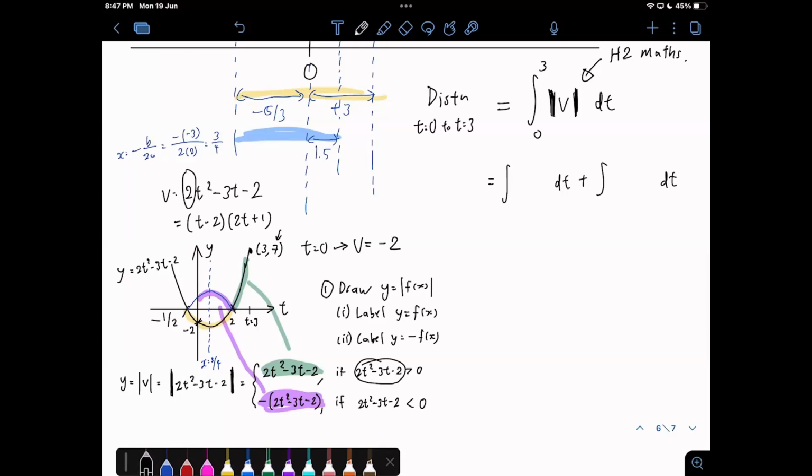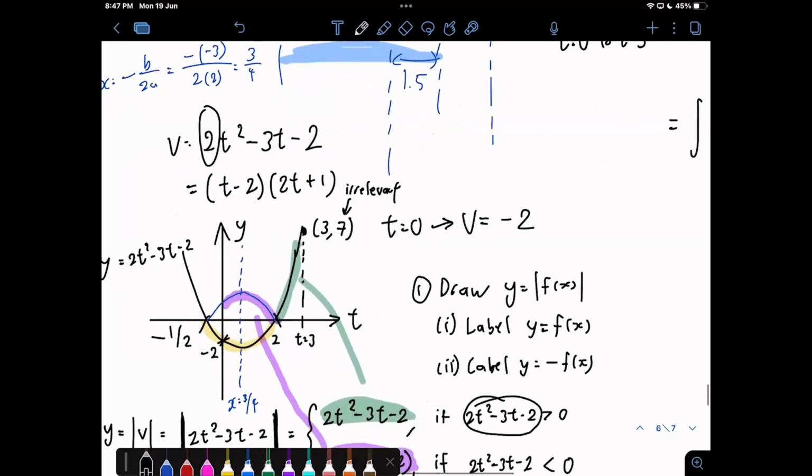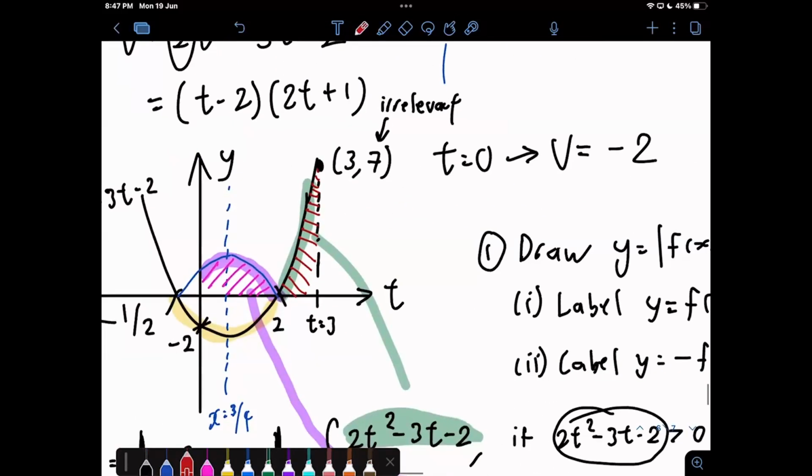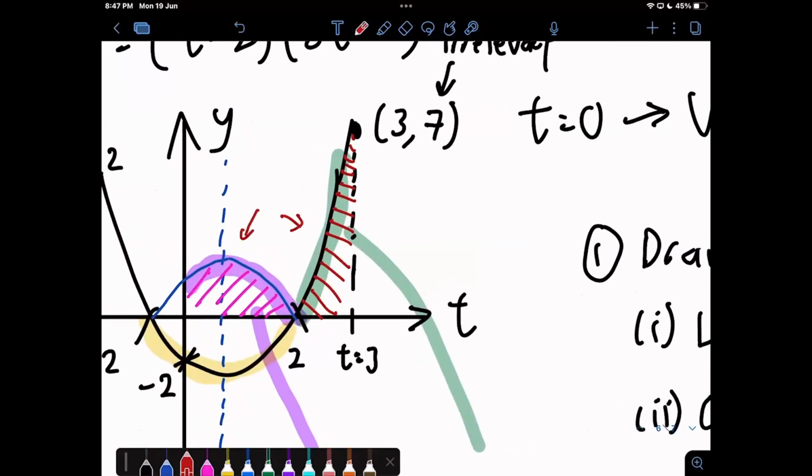Now this 7 is irrelevant. I just wanted to plot the point to let you know that the graph stops there. After I plotted it, I can now shade in two pieces of the graph. Can you see there's one piece on the left here and another piece on the right there? Pink color region and red color region. Left side, right side.